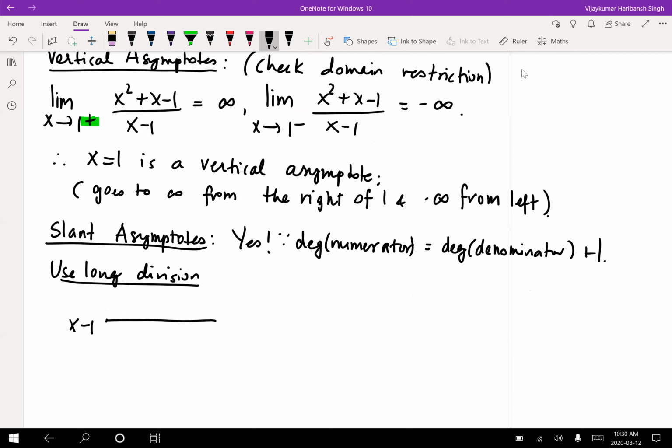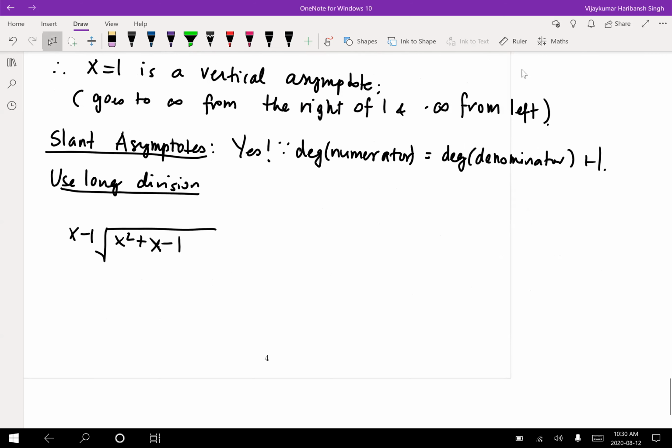So we have x squared plus x minus 1. If you want to divide this, how many times does the first one go into x squared? x times. So we have x squared minus x. Subtract, and this will change to 2x, and this will be minus 1.